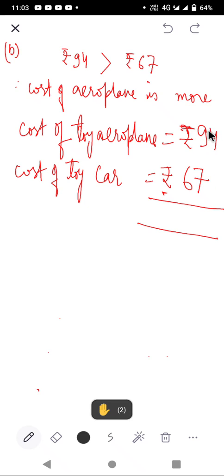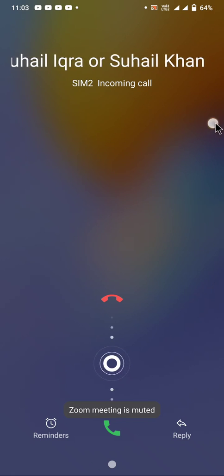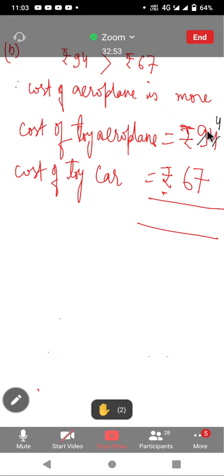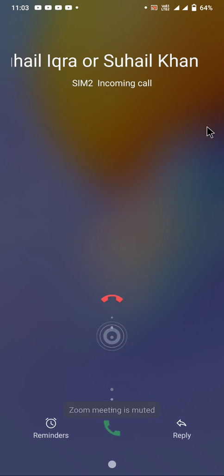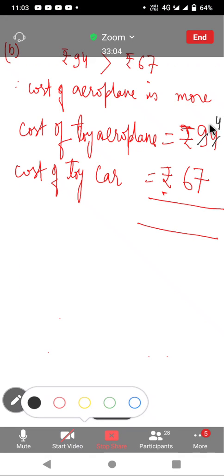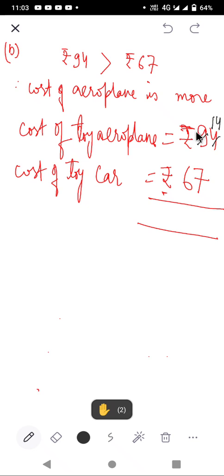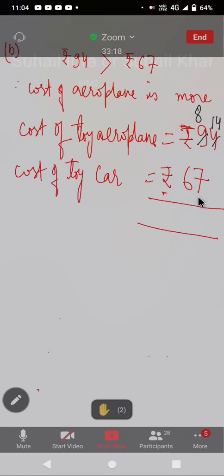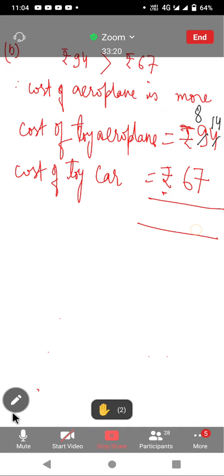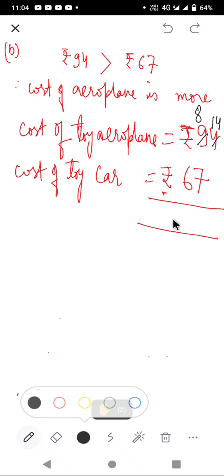Okay, we will borrow 1 from this side. It is 4, and when we take 1 here, it will become 14, and the 9 will become 8. So 14 minus 7 is 7. Okay, 8 minus 6 is 2.